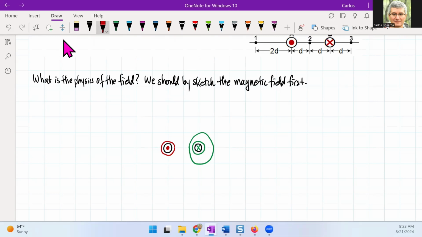And if I start to do the same thing over here, I'm going to get something like this. You're seeing the skewing of the field. And then if I get further out, I'm expecting the field to look something like these guys right here.